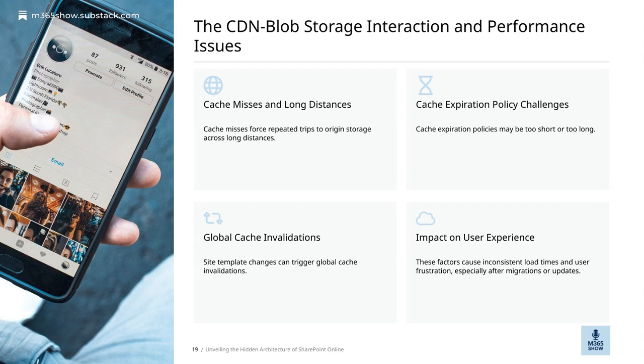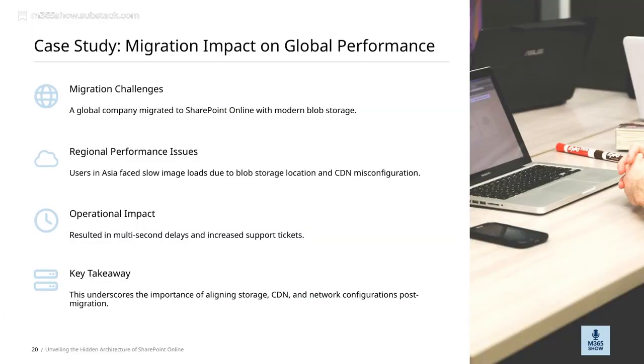Overall, understanding these underlying architecture elements helps us diagnose and improve the performance issues users experience, especially during updates or migrations. Now, let's take a closer look at the hidden architecture of SharePoint Online and how it impacts performance after migration. This slide emphasizes the importance of properly aligning storage, CDN, and network configurations once you've migrated.